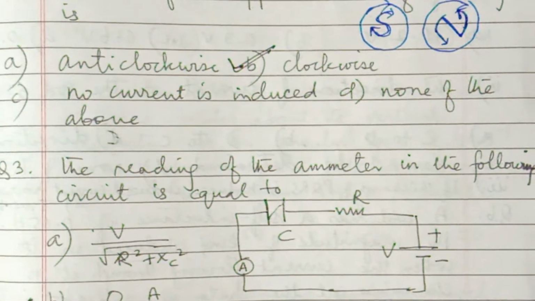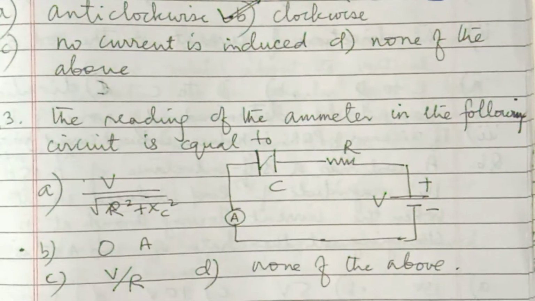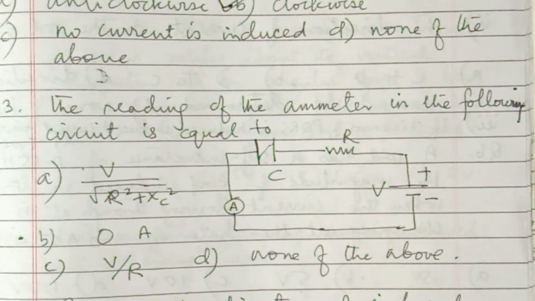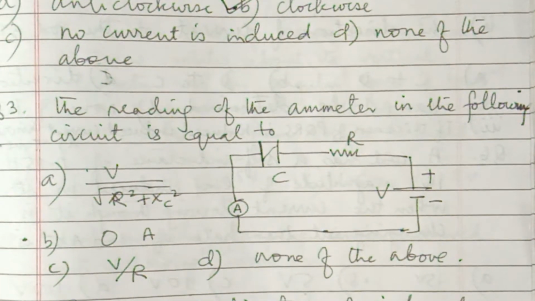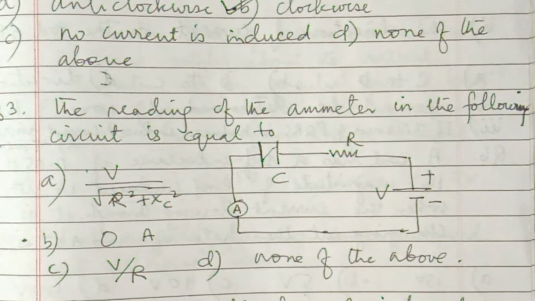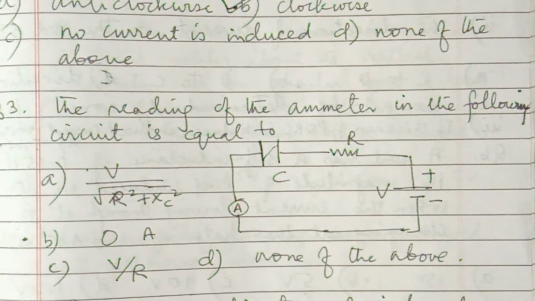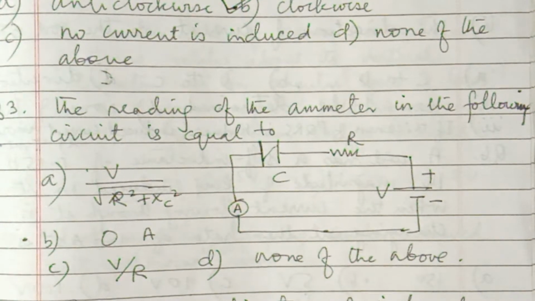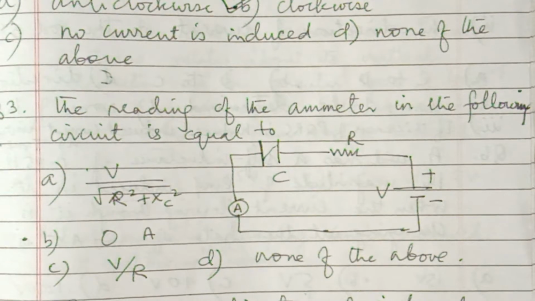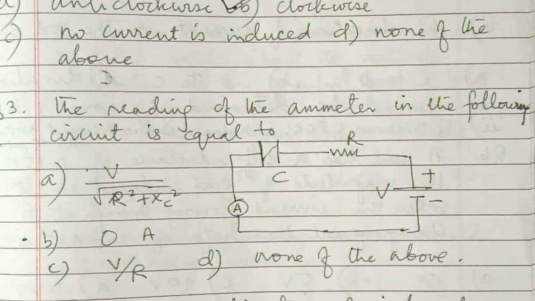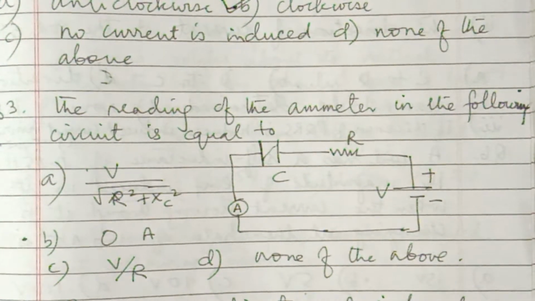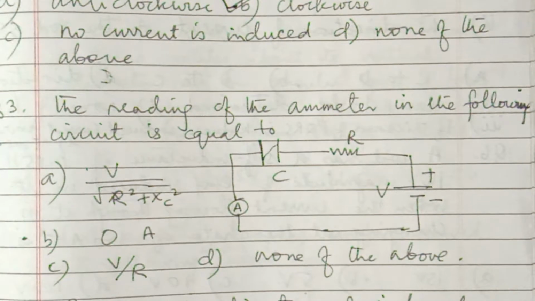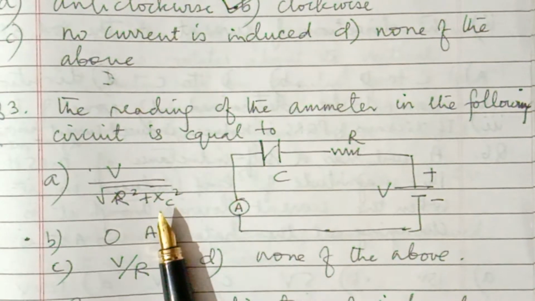Now a circuit is given with a capacitor and resistor connected with a DC source. As you know, DC is blocked by the capacitor, so the ammeter will not read anything. The question is, the reading of the ammeter in the following circuit is equal to V by root over R square plus X square, 0 ampere, V by R, or none of these. Here this formula cannot be applied; it is for AC.